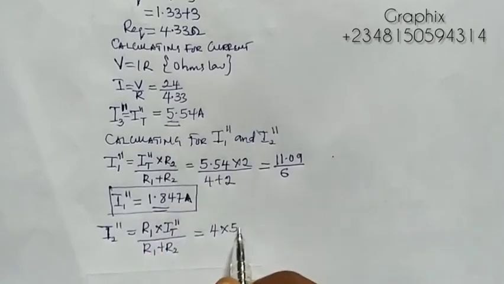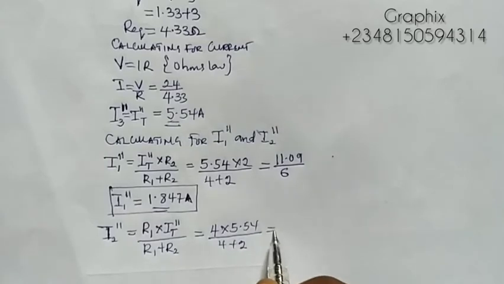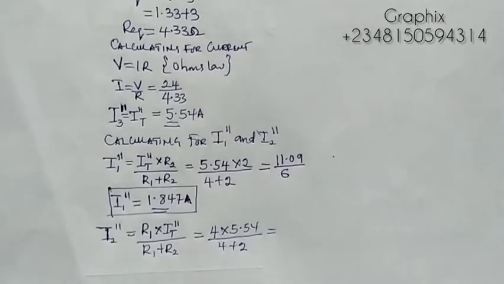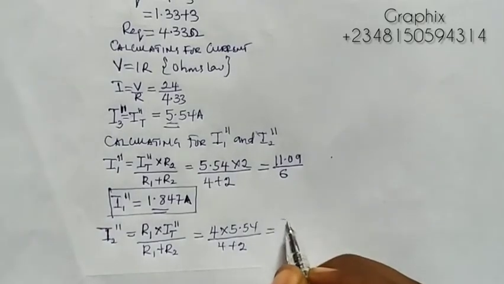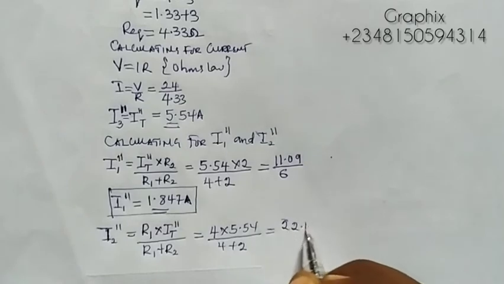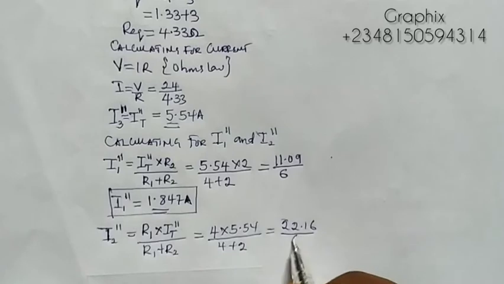So this will now give me R1, given to be 4, times I total, which is 5.54, all over 4 plus 2. So 5.54 times 4 is 22.16, all over 6.